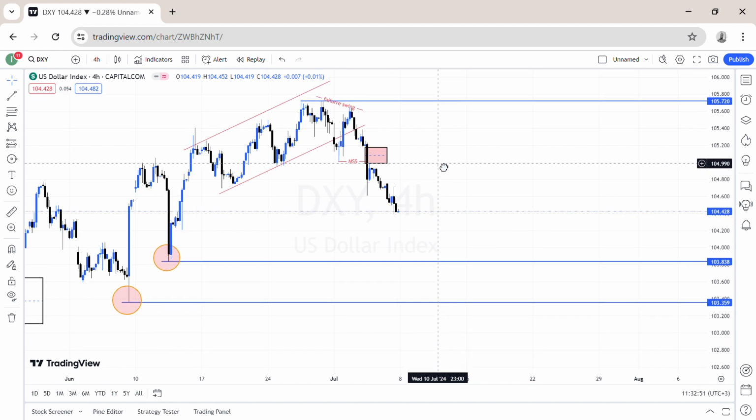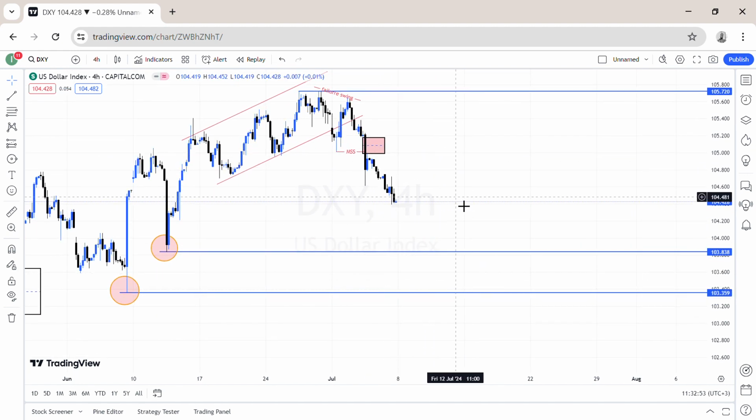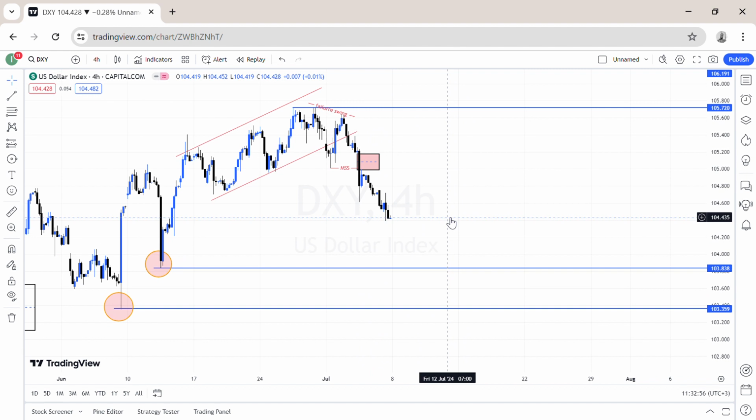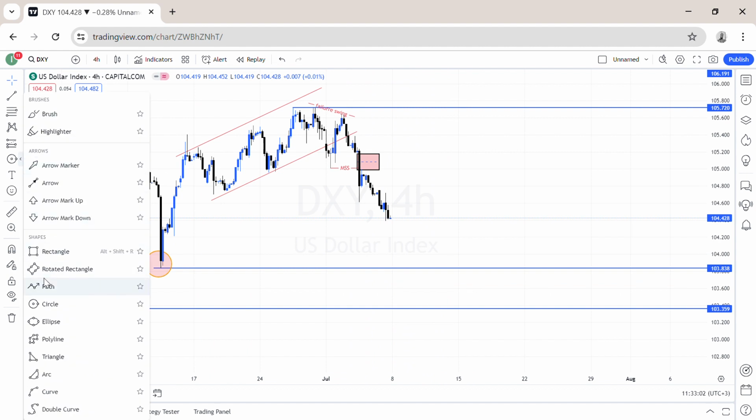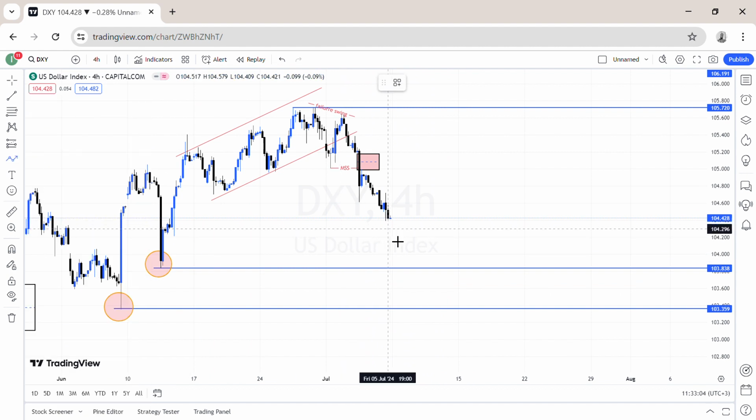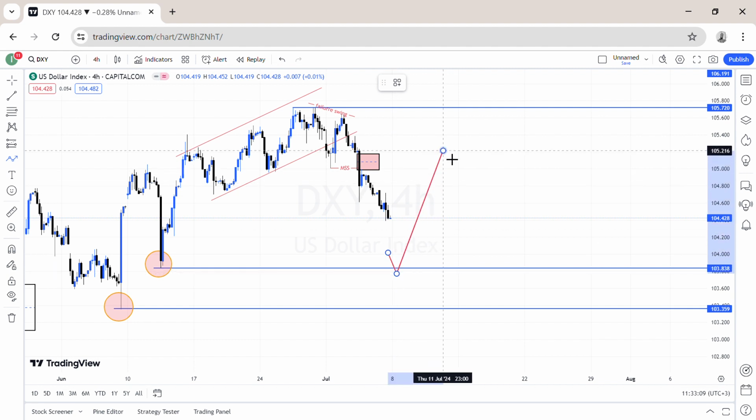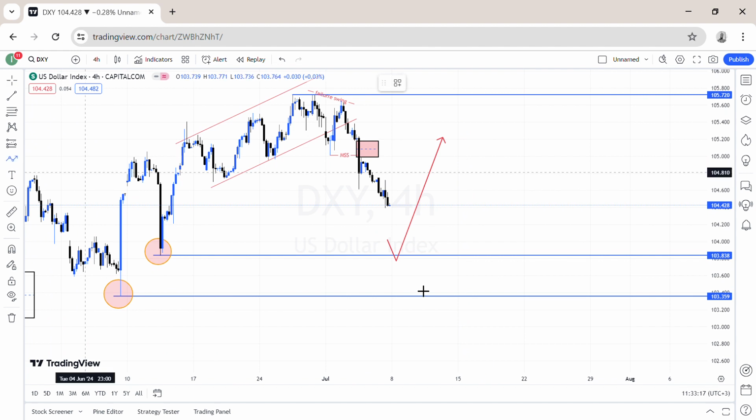So we are targeting these lows next week. The price might tap into this zone, so things like this might happen. We might go bearish until the price taps here, grabs the liquidity and goes higher. Or we can expect the price to come here, tap this zone and go higher.